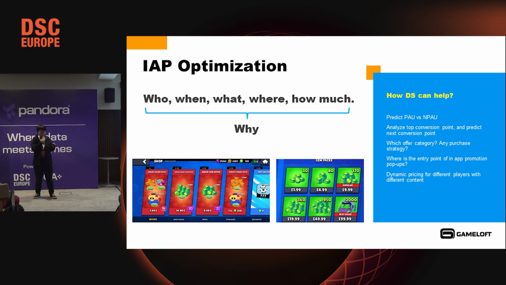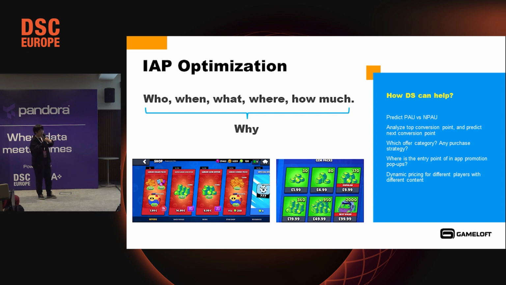We want to analyze the top conversion point. A very good example would be, I don't know if you heard the Candy Crush story, or in our case the level up story, which is you enter a moment, what we call the paid gate. You enter a moment where you really struggle to continue because it's getting to a new level of difficulty.